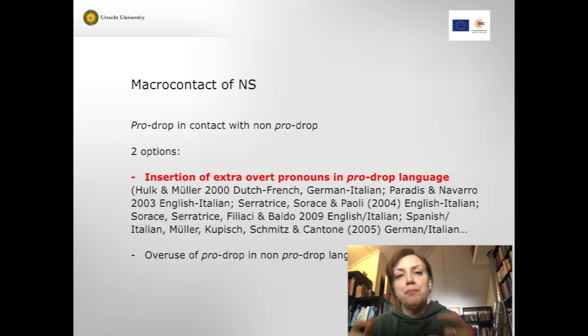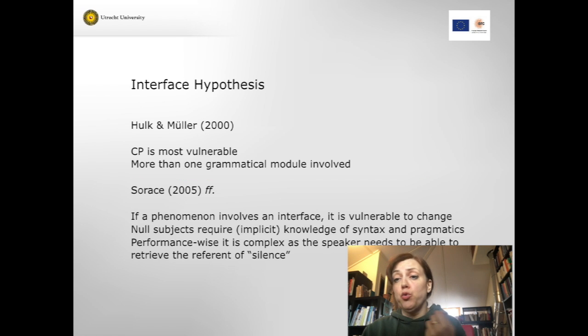So speakers tend to insert overt material in contexts in which monolingual speakers wouldn't. Observe that Montreux also reported cases in which you do have prodrop enhanced in some varieties of English in contact with Spanish. So it is possible to find the other one, but it is rather exceptional. Normally, there is no overuse of prodrop. There is rather overuse of overt material, overt subjects, overt pronouns, in wrong, not pragmatically marked or odd contexts.